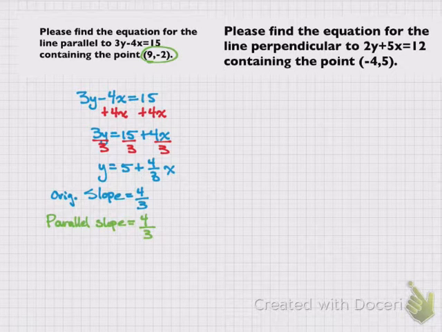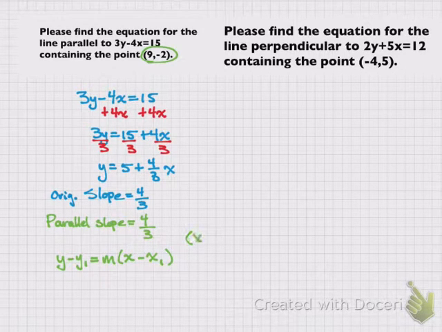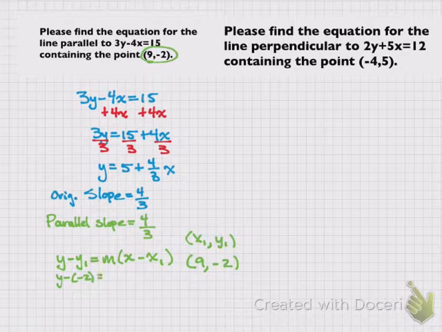Well, if we know the point-slope form of a linear equation, y minus y1 equals m times the quantity x minus x1, our x1, y1 in this case is just (9, -2). So we can substitute those in for their respective variables in the equation. So we get y minus negative 2 equals our slope 4/3 times the quantity x minus 9.